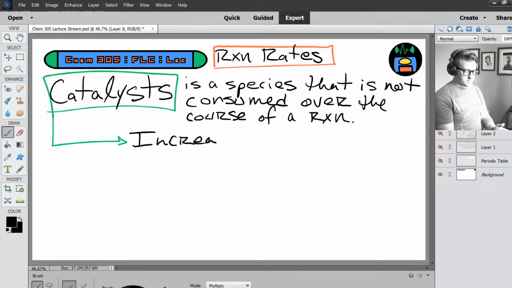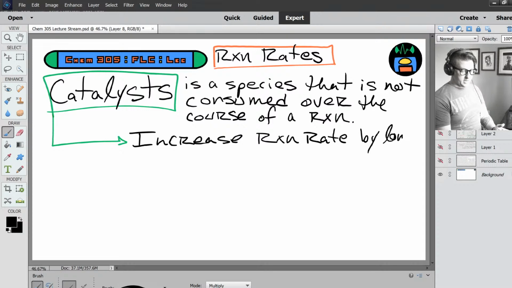increase reaction rates by lowering the activation energy.